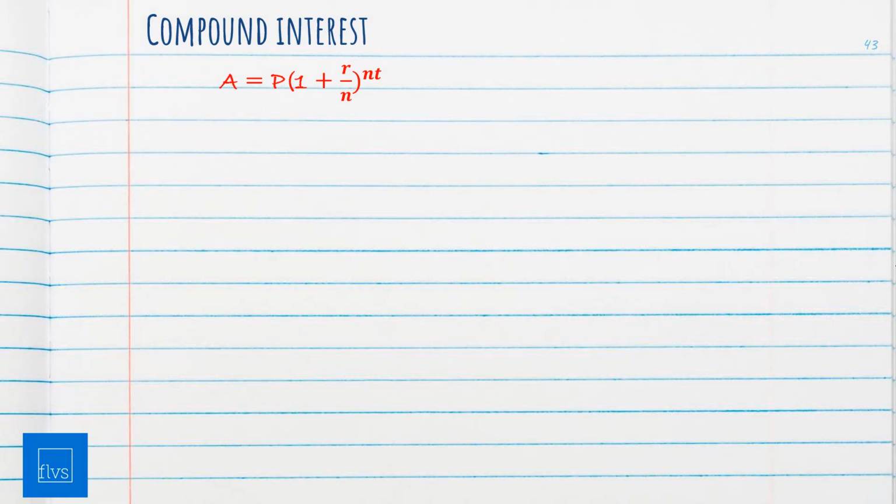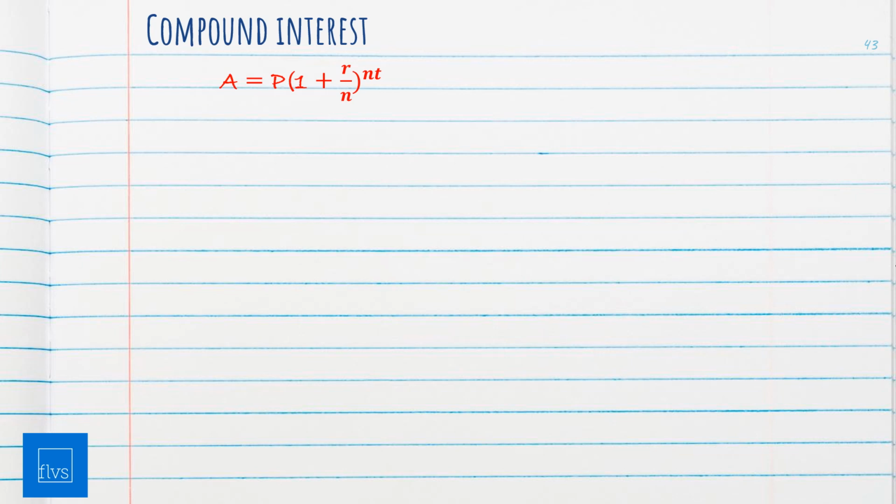Now let's take a look at compound interest. Compound interest, we use the formula A equals P, parentheses 1 plus R over N, all to the power of NT. So with this problem, these simple compound interest, you have to pay close attention to what the N is.